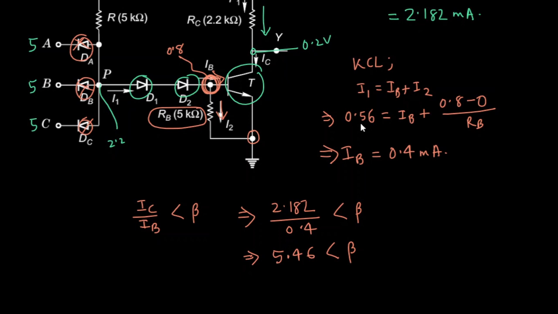So if we choose the beta value of the transistor to be higher than 5.46, this inequality will be correct, and our assumption will create no contradiction. So the minimum value of beta that we can choose is 5.46.